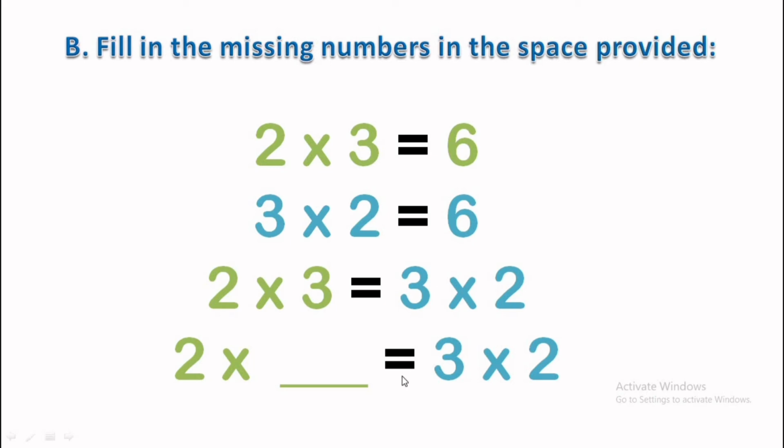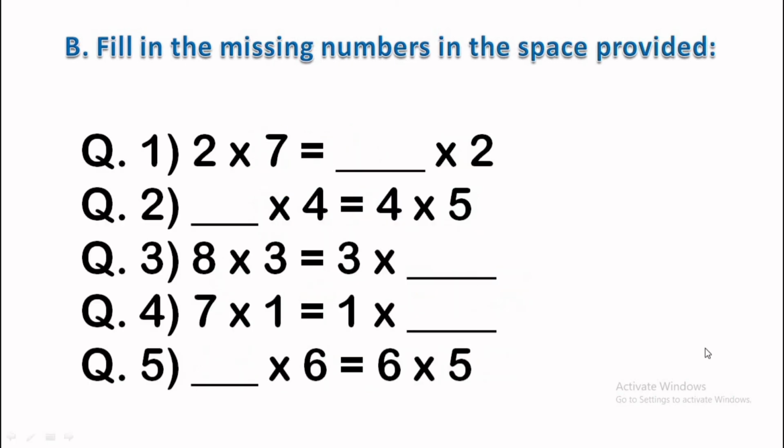On the right hand side of the equals to we have 3, but on the left hand side the 3 is missing. So the number that we will write in the blank is 3. So in both sides now we have 2 and 3. On the right side also we have 3 and 2.